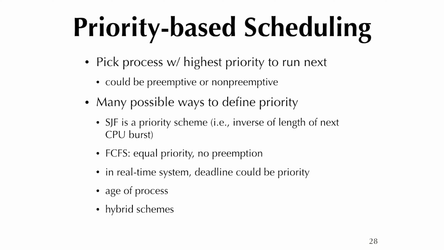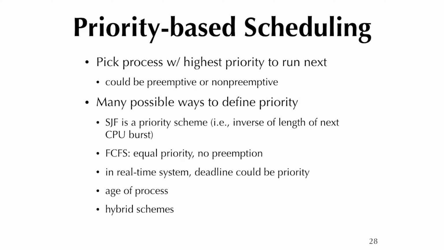Now, round robin may seem more fair because it has no starvation, but it's not always the best one, depending on your criterion. What does it mean to be best? Well, it has to be put into context. That's why there are many different schemes, called priority-based schemes.